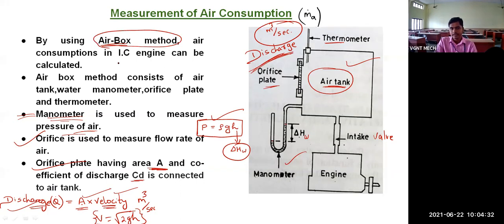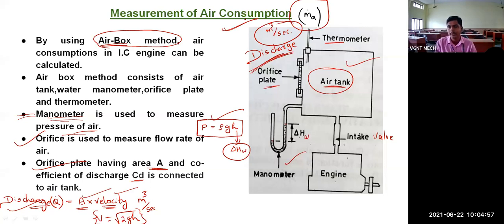Today the time is already over, I think. Tomorrow we are going to do the calculation, how from this method we measure the mass flow rate of air, because this is our aim. Our aim is measurement of air consumption: how much air we are supplying to the engine cylinder.